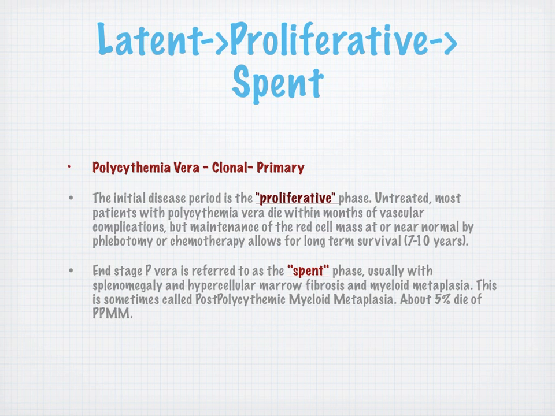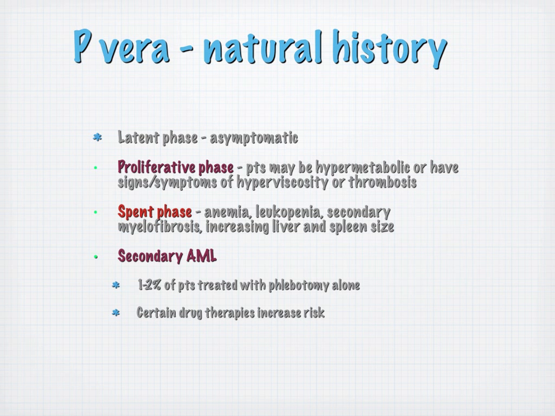But suffice it to say that something is changing in the bone marrow, and now regular blood cells are getting replaced by fibrotic tissue, fibrosis, and myeloid metaplasia. Something is moving where it shouldn't be. This is sometimes called post-polycythemic myeloid metaplasia, and about 5% of people are going to die from that.